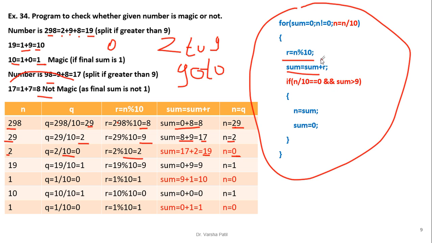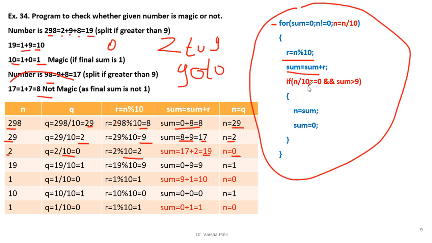Now see, in the for loop and while loop there is a difference. In a for loop, when control goes here, only then the decrement takes place, and in a while loop you are explicitly doing the decrement. Now see, when we are calculating the remainder 2, at that time the sum is 19, for example.